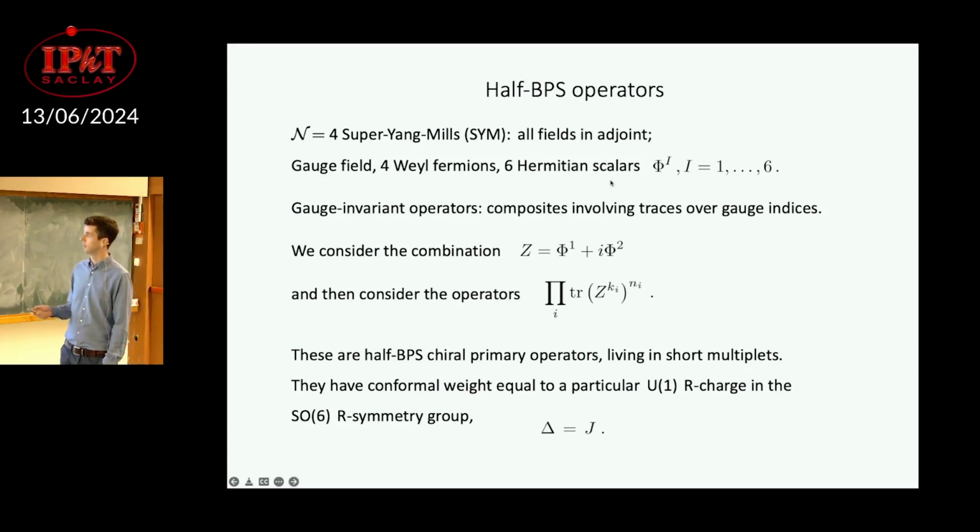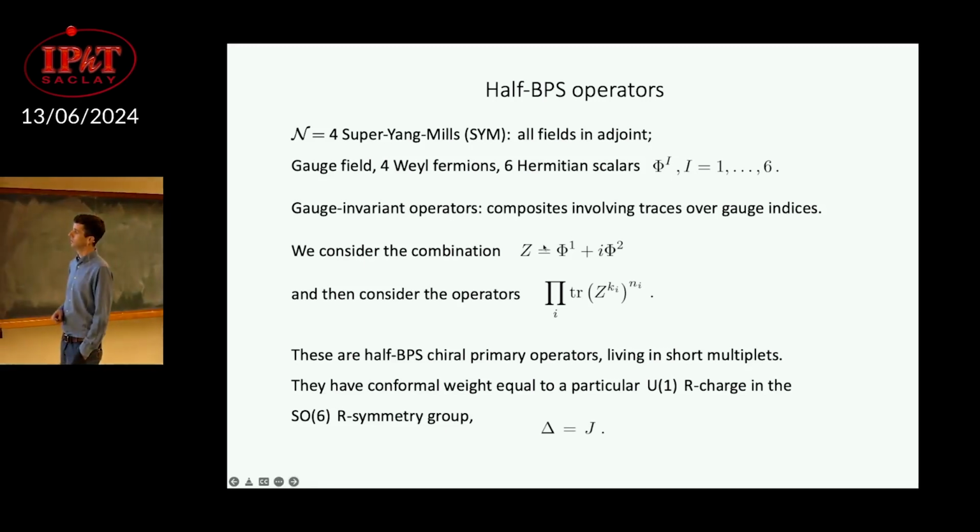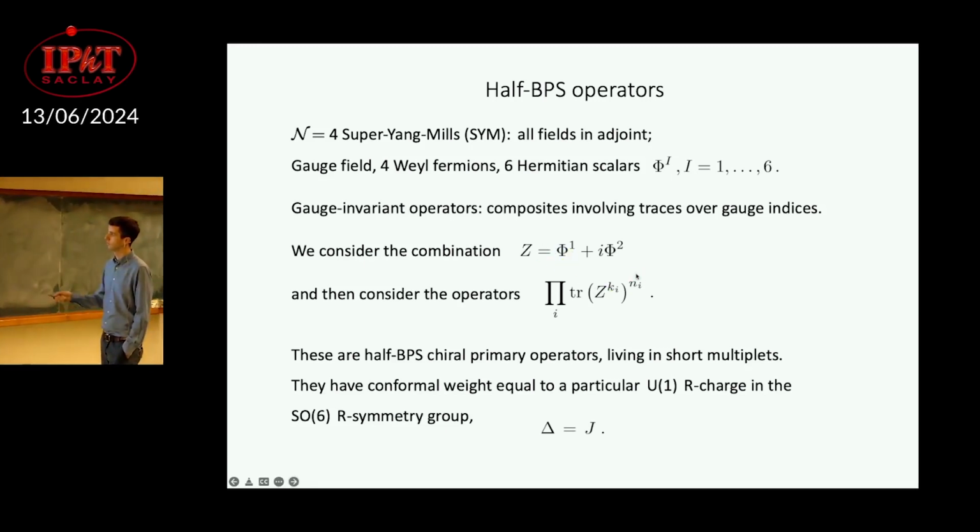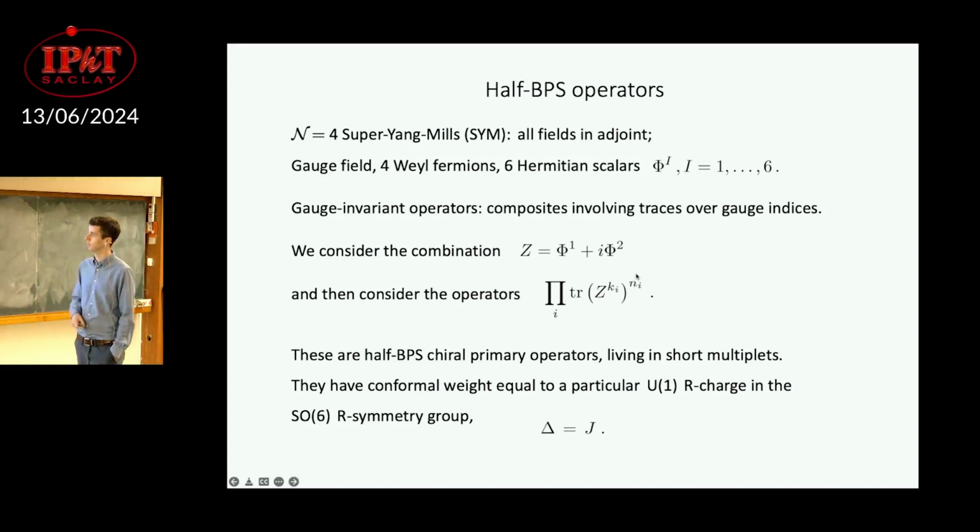And I'm going to consider the combination Z, which is a complex combination of 2 of these scalars, phi1 plus i phi2. And particularly, I'm interested in heavy multi-traces, which are products of multiple powers of trace Z to the k_i. So these are half BPS chiral primary operators. They live in short multiplets, and they have conformal weight equal to a particular U(1) R charge in the SO(6) R symmetry group.